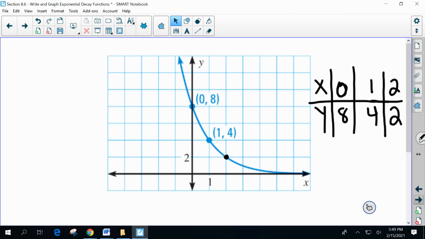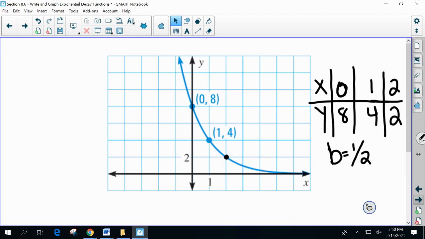So what is happening with your y values? What is happening each time? It looks like they are getting cut in half. Getting cut in half would be the same as multiplying by half.